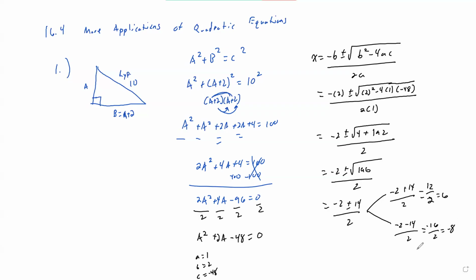Now remember, this is a real world problem, so negative length is not possible. So that means 6 would be my answer for A. So one leg is 6, and the other is 8 because it was 2 more than the smaller one.